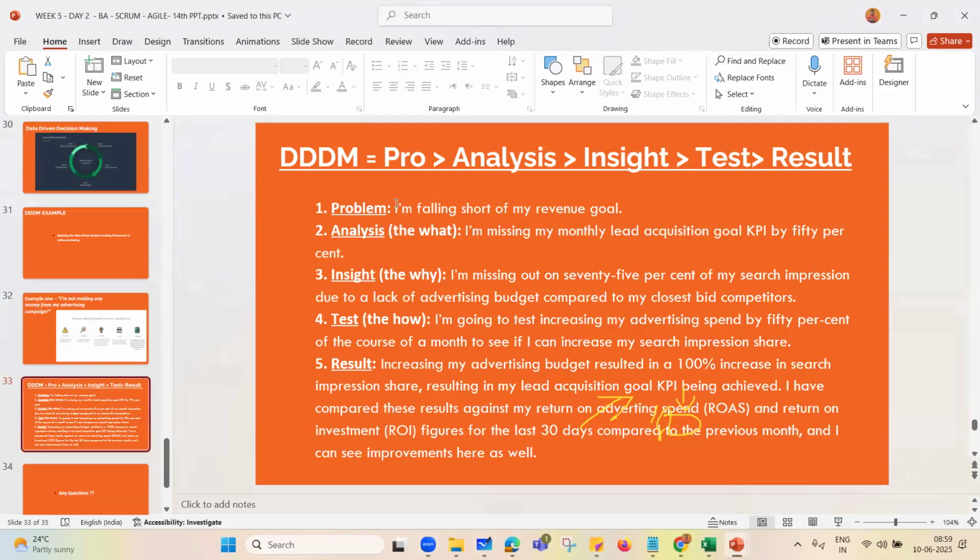Now, here is nothing new, but you need to understand what exactly I did. I asked certain questions. First, the problem well defined. Then for analysis, I asked the question under the what segment. And for developing the insight, why this problem was happening and why this impact was getting created, you simply ask the why and get the answer.